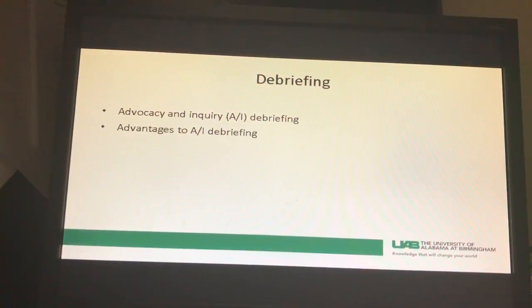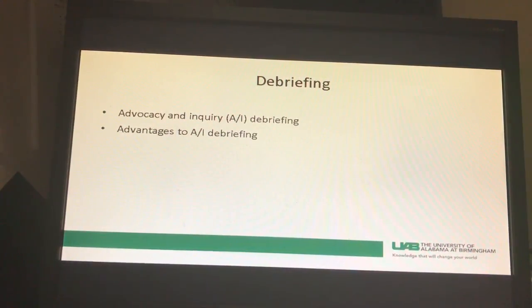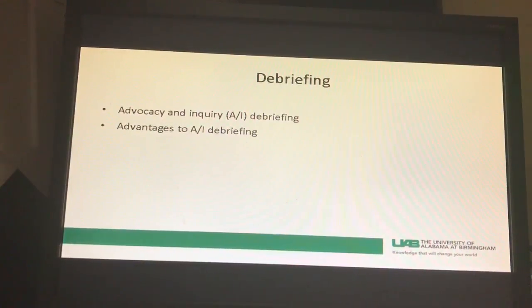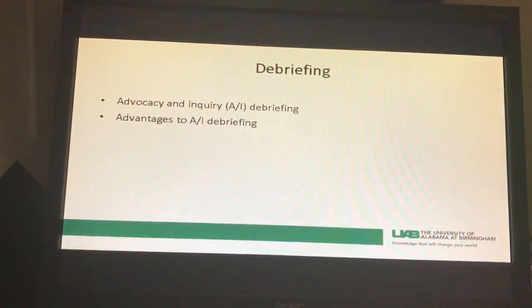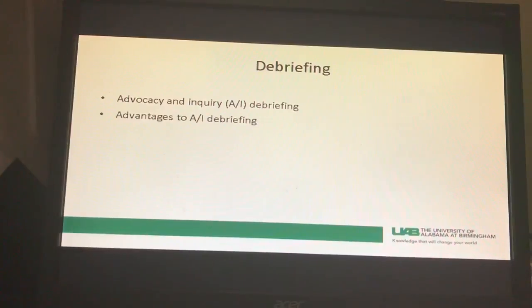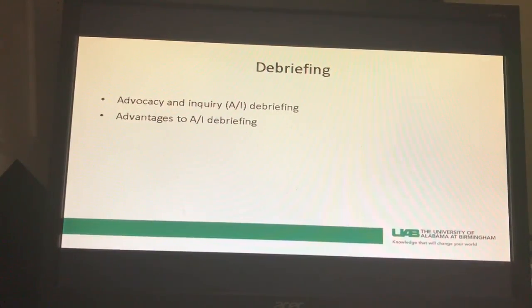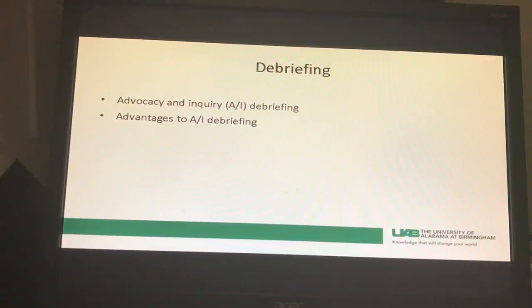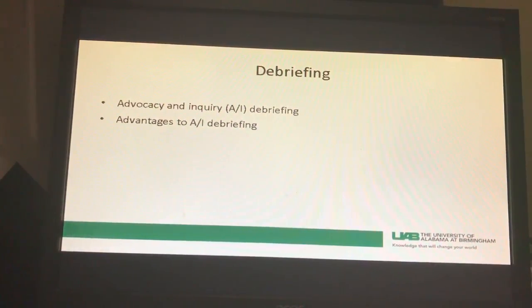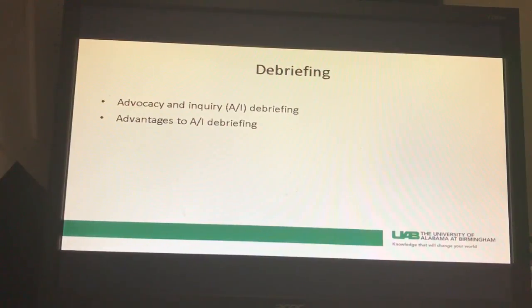During debriefing, we're going to use advocacy and inquiry. I feel that the advocacy inquiry really fits this simulation due to its nature and being able to go back and look at specific things that happened during the simulation, providing a little feedback, and then asking them a question regarding that.